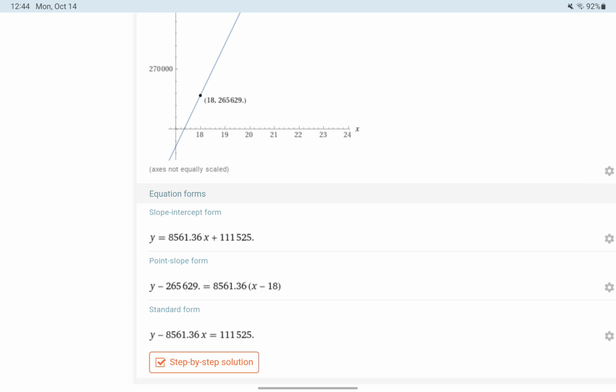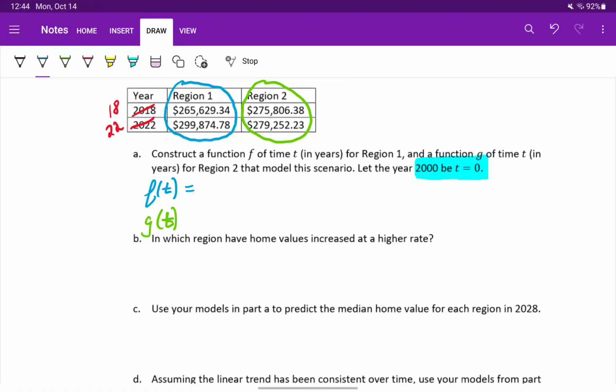And we generate that linear model in slope-intercept form. For region 2, we would do exactly the same thing. We would still use 18 and 22 as our independent values, our x values.